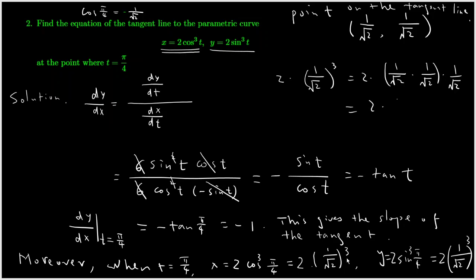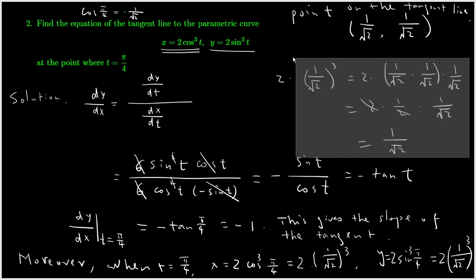You have 2 times 1/2, and then times 1 over square root of 2. So the 2 and 2 cancel. So we have 1 over square root of 2. That's how I got the x coordinate and y coordinate of the point. Okay. So simple enough.